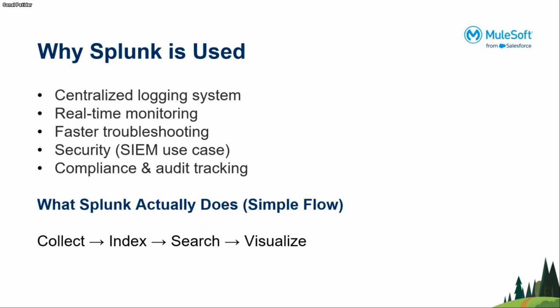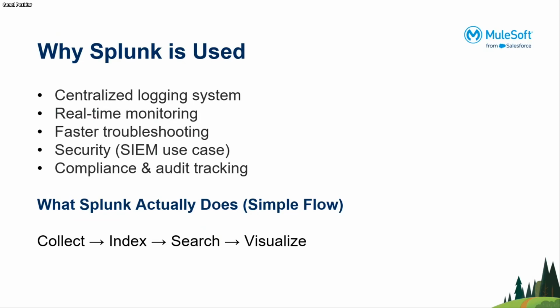So why is Splunk used? Splunk is used for a centralized logging system. In most systems, logs are scattered, in Mule applications, some in servers, some in different environments. So Splunk brings everything into one place.